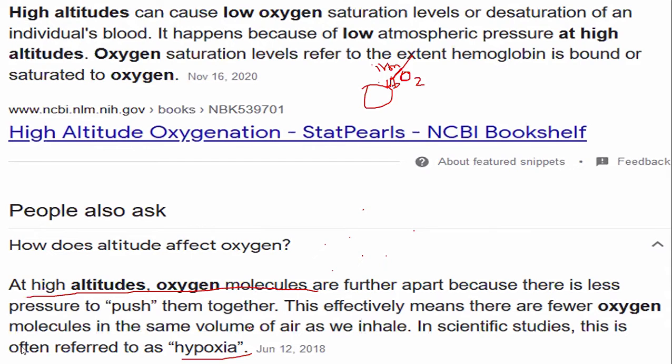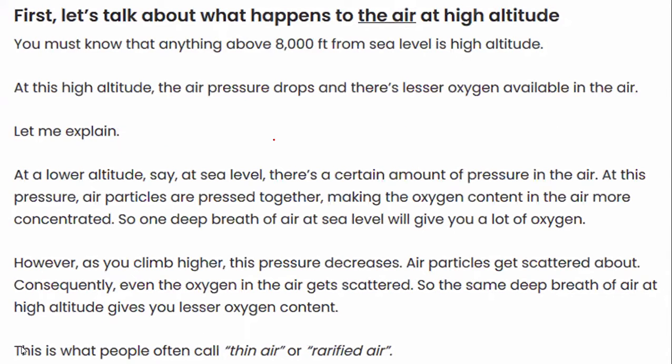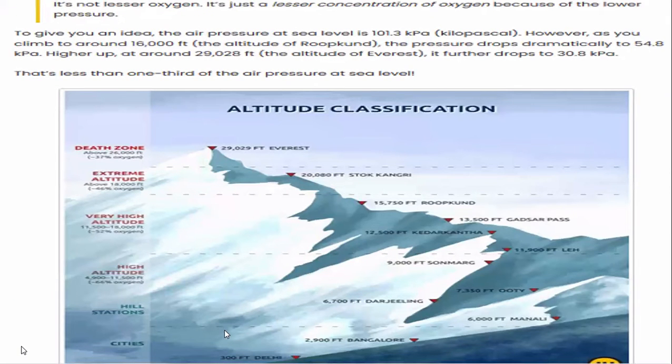We have hypoxia, decreased oxygen, simply because as you go up, there's less pressure to push the molecules all together. It's not actually lesser oxygen, it's just a lesser concentration of oxygen because of the lower pressure.